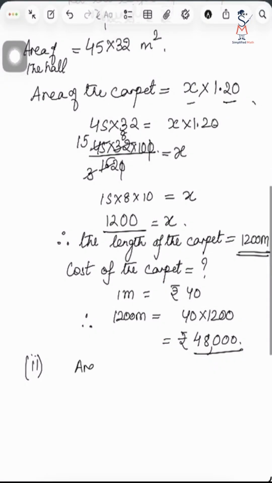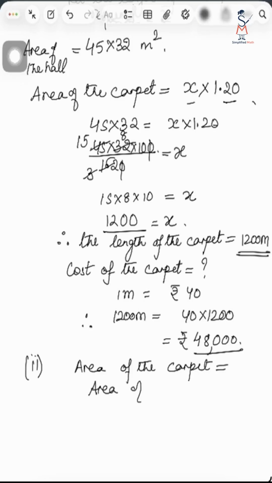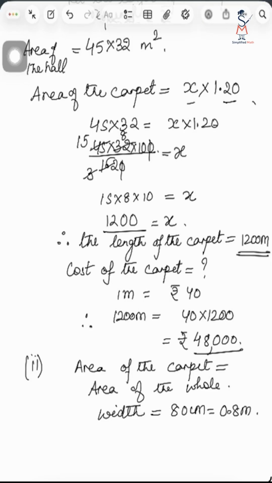Area of the carpet should be equal to the area of the hall. What is the width of this new carpet? It is 80 centimeter, that is 0.8 meter. To change centimeter into meter, we divide by 100. So this is the width of the carpet.